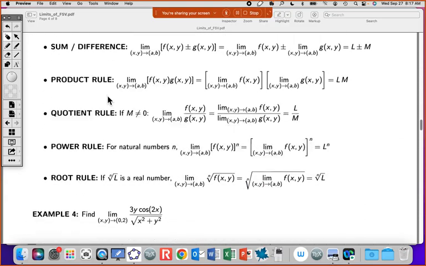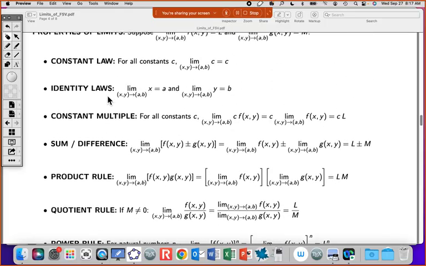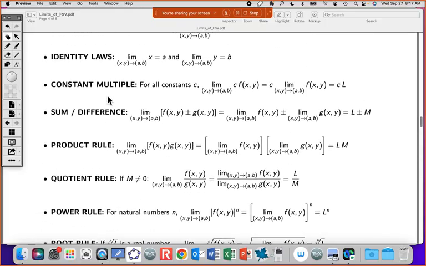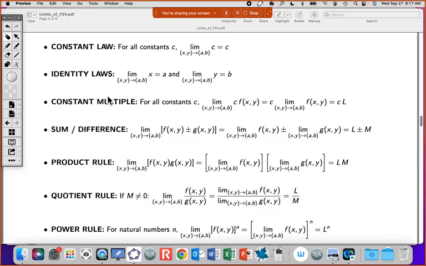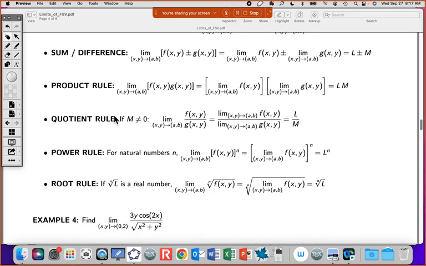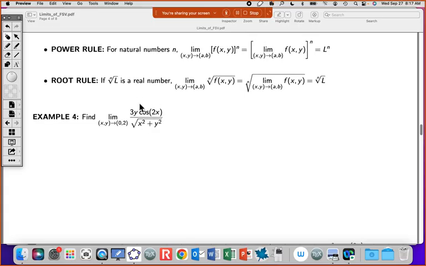All right. So the long and short of all these limit laws is basically limits respect function arithmetic as long as you're not trying to divide by 0, as long as you're not getting negatives under radicals.